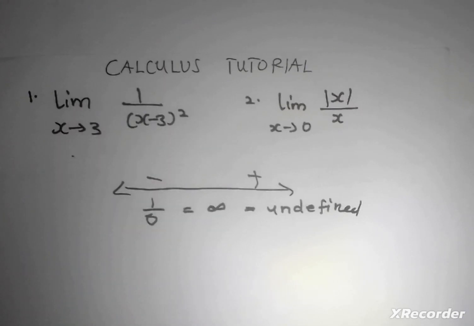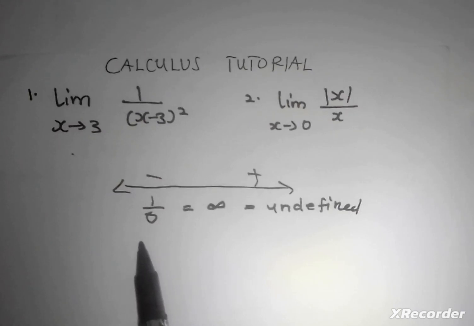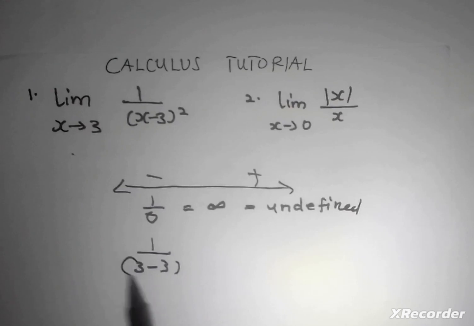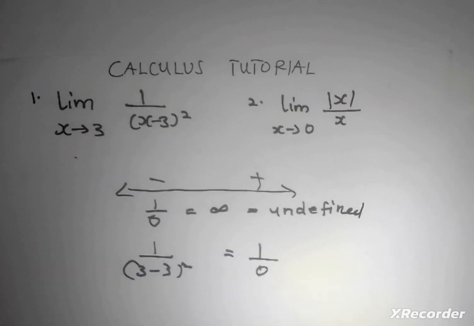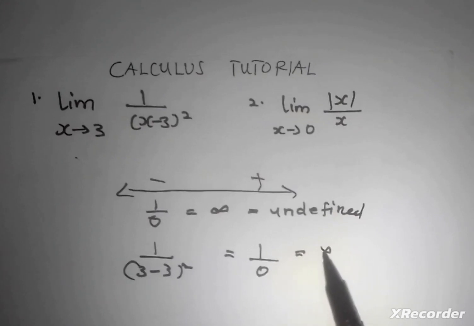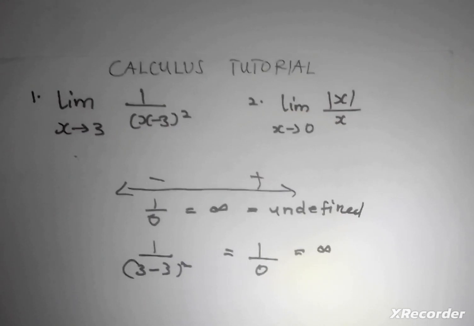So you have no option except to put your value 3 inside. So I'm going to get 1 over (3 minus 3) all squared. And that is going to give me 1 over 0, which is equal to what? Infinity. So take note of it. The answer is infinity. So as we're approaching 3, the function doesn't end.